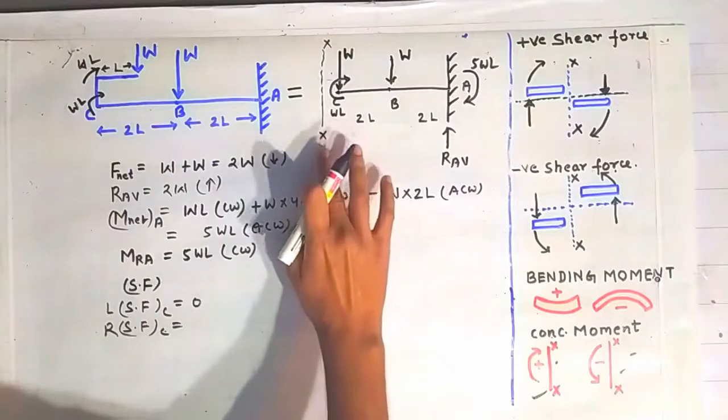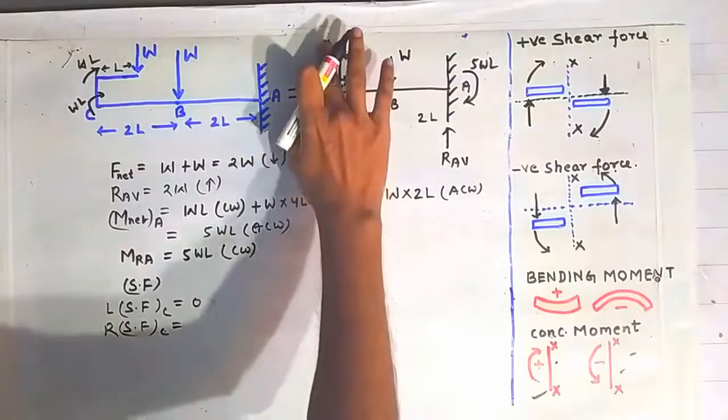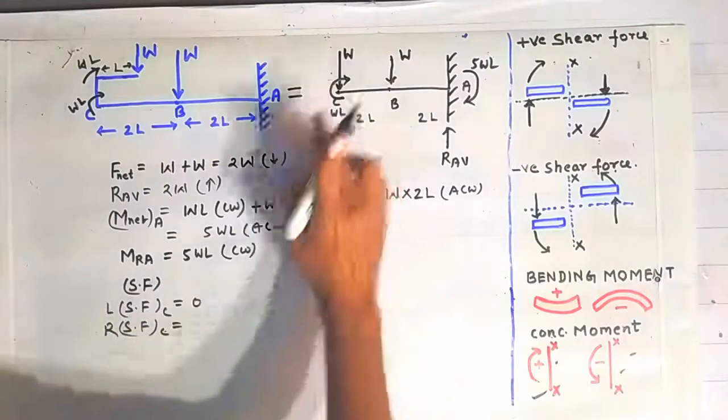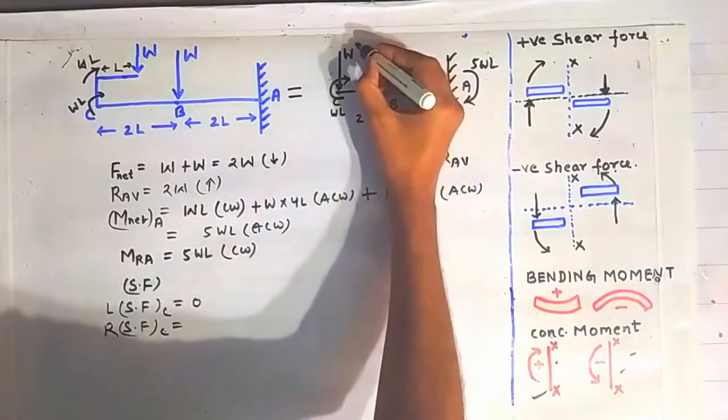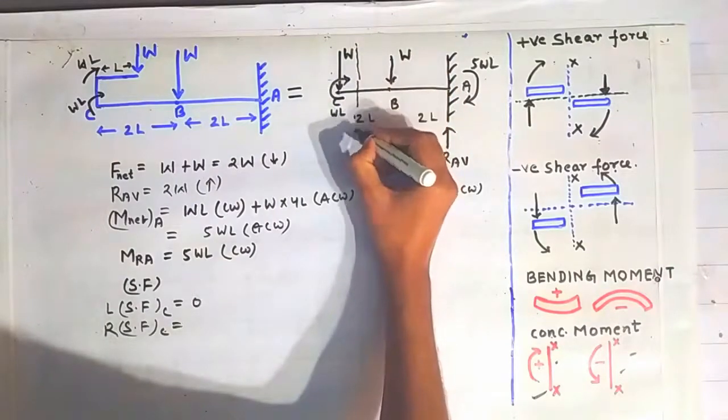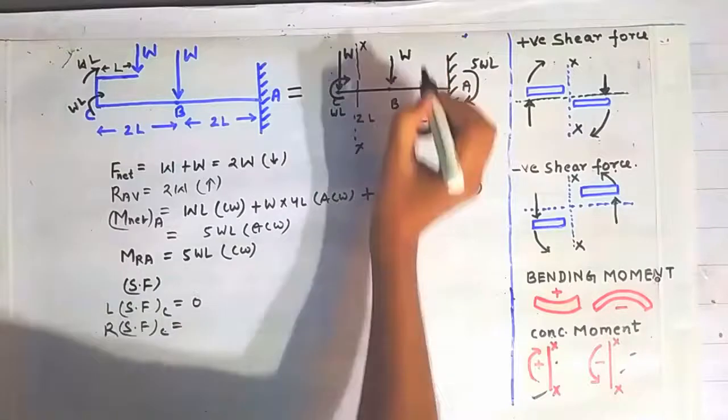Okay, now we will find out the shear force on the right side of this point C. For that we have to construct a section again on the right side of the point C like this. I am constructing here this section XX.